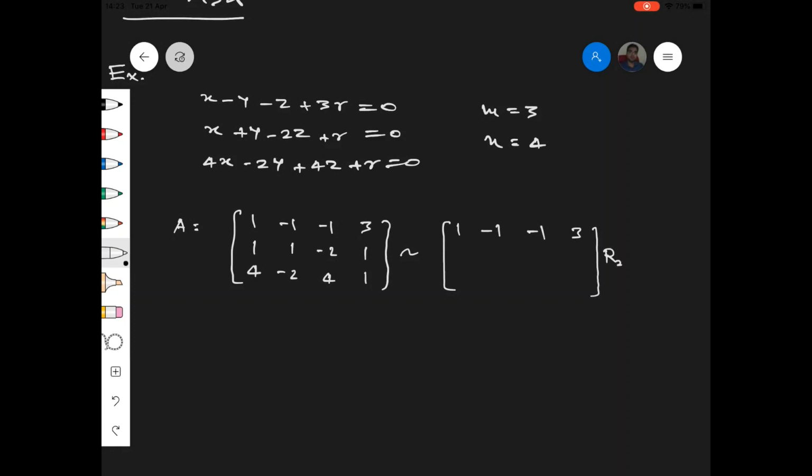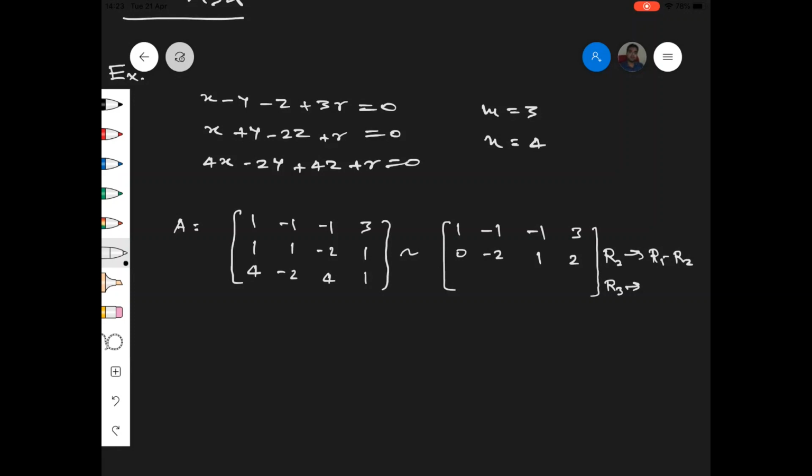I am using the fundamental row operation. R2 is being replaced by R1 minus R2. So this is going to be 1 minus 1 0 minus 1 minus 1 minus 2 1 minus 1 plus 2 1 3 minus 1 2.